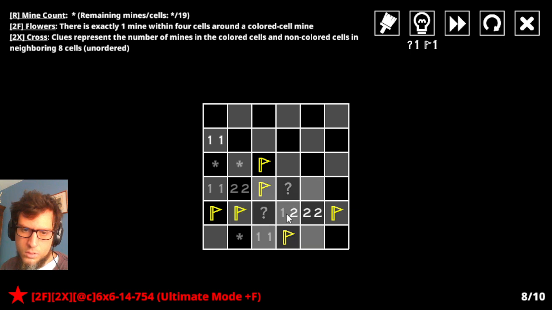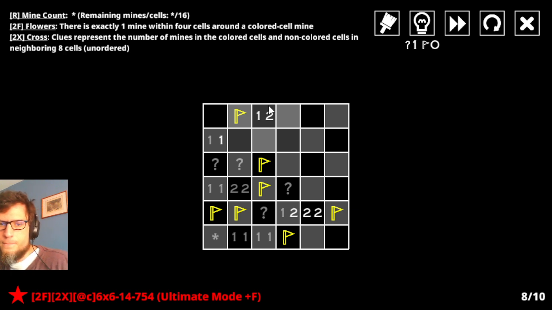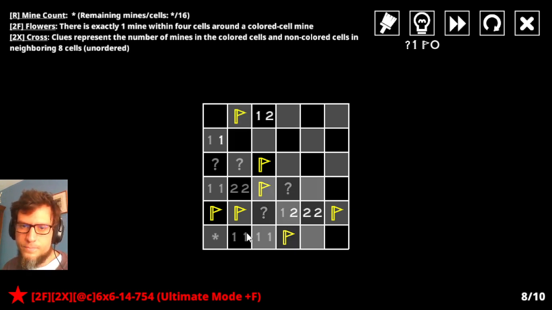Alright. This 1-1 says that. This guy needs a buddy, and it has to be one of these 2, because one of those 2 has to be mine, so it can't be that one. 1-2.